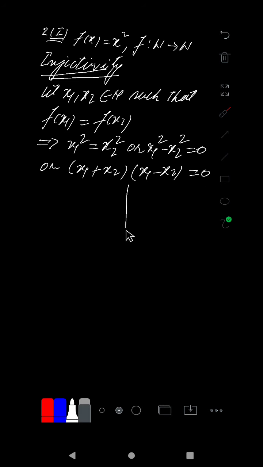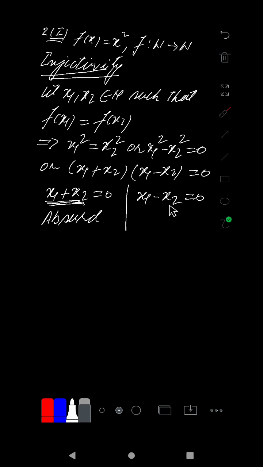So now either x1 plus x2 is equal to 0 or x1 minus x2 is equal to 0. Now, since x1 and x2 both are natural numbers and sum of two natural numbers may not be 0, so this is invalid result. So we may call it absurd.